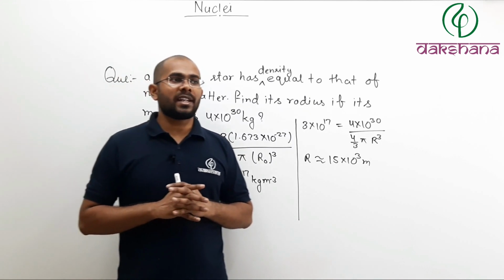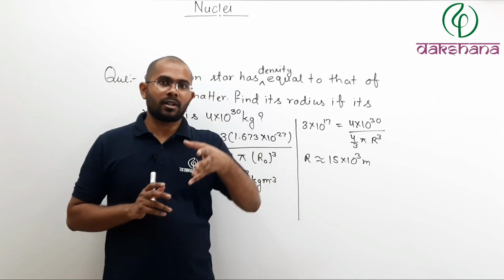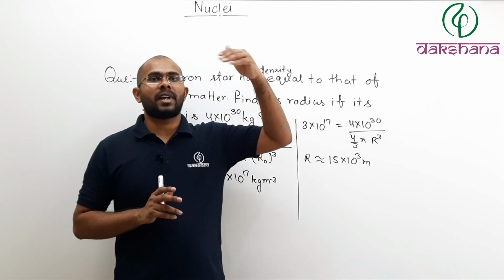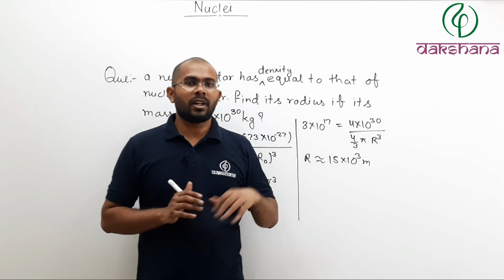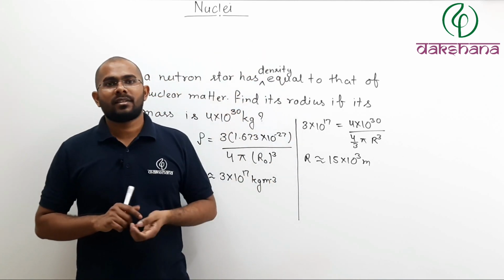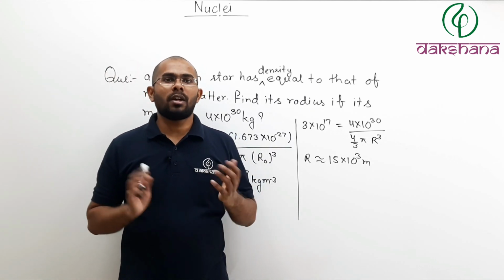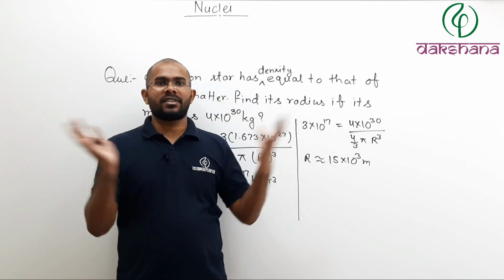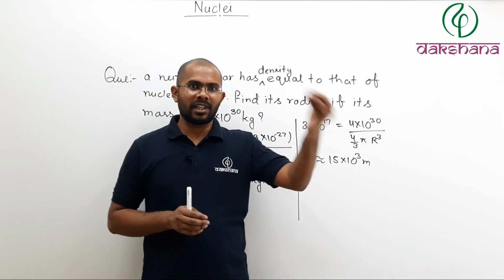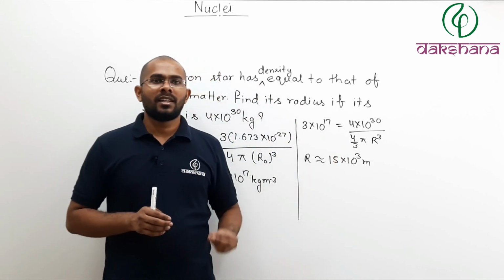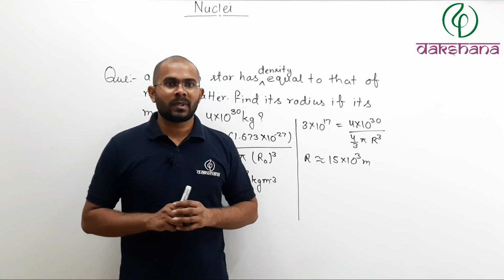Now, when we talk about the size of the nucleus being 10 to the power 5 times smaller, you may not be able to visualize it. The easiest visualization is a cricket stadium, which all of you have seen, at least on TV.